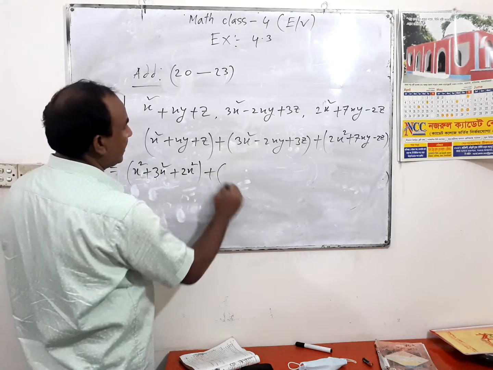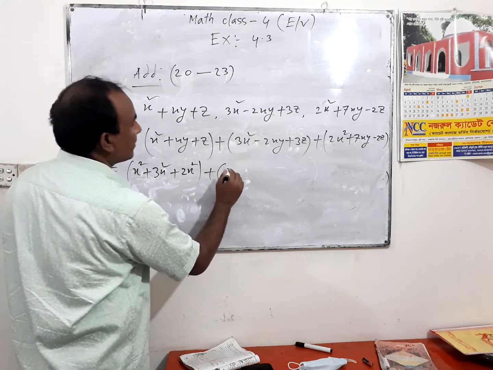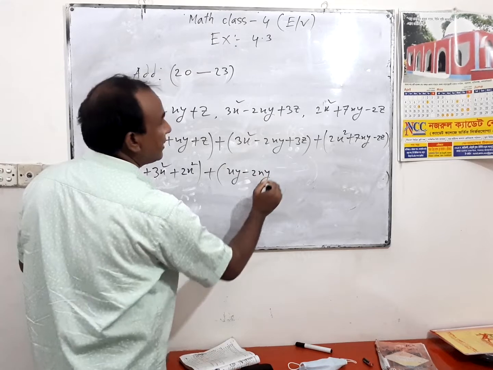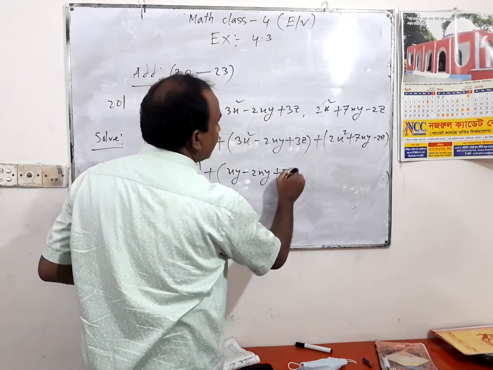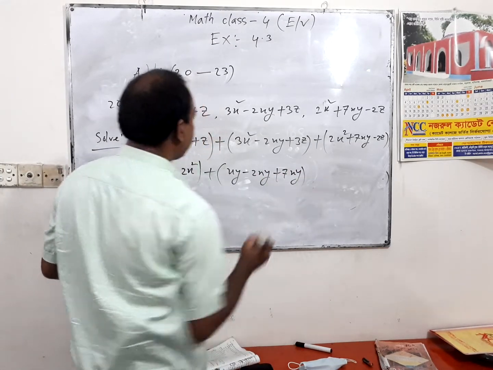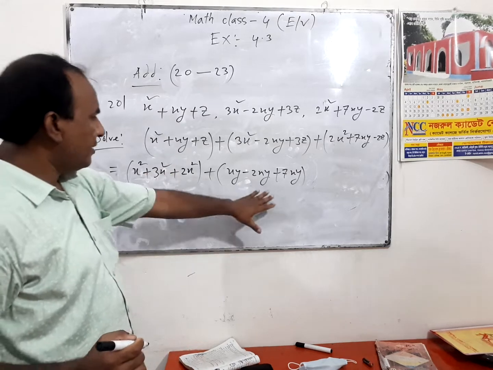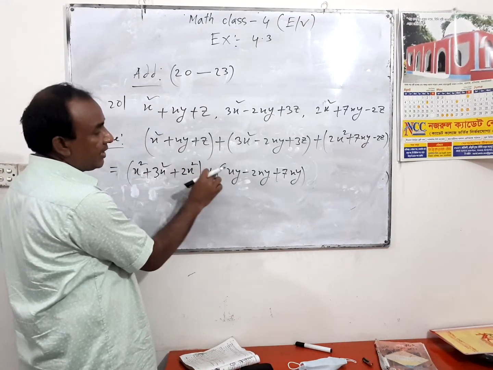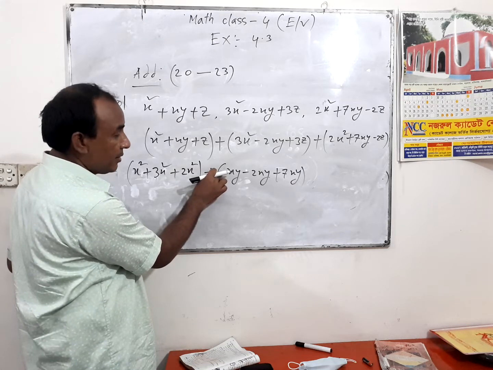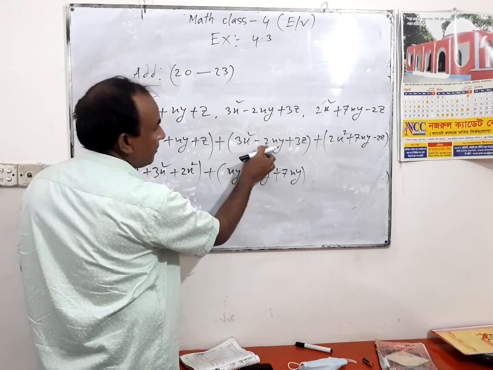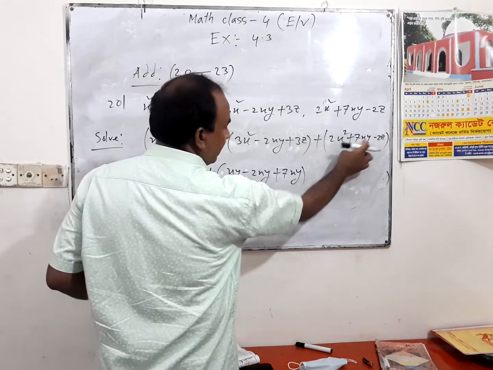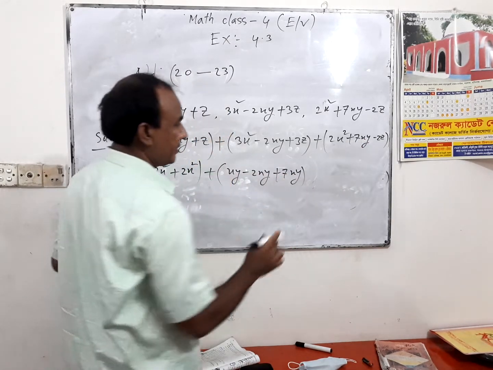I am going to arrange similar term with similar term with sign. I put this plus sign here, and now xy, minus 2xy and plus 7xy. This plus sign is here for xy, but we should not write it. Minus 2xy here, and plus 7xy here.